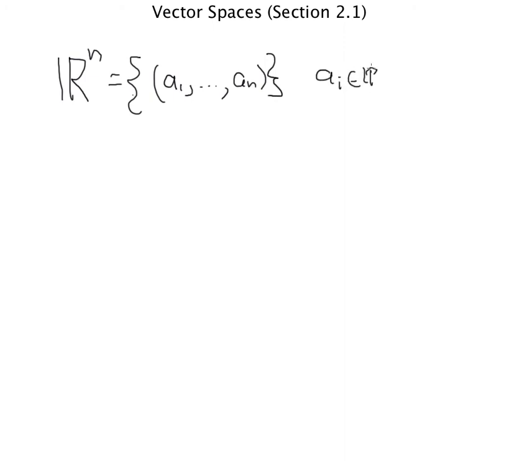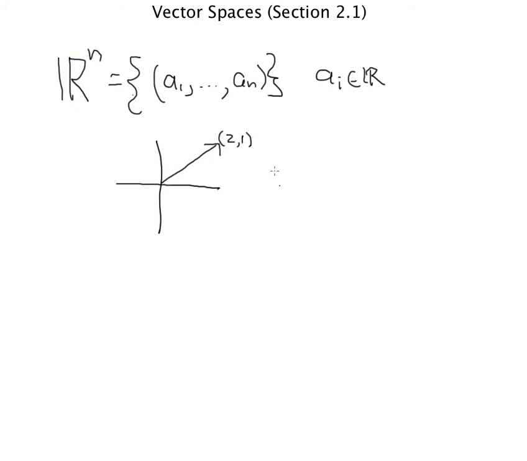So you're all familiar with Rn. So Rn is a bunch of vectors, and each vector is an n-tuple of real numbers. And we're all familiar with drawing R2, for example, and vectors are written like this.